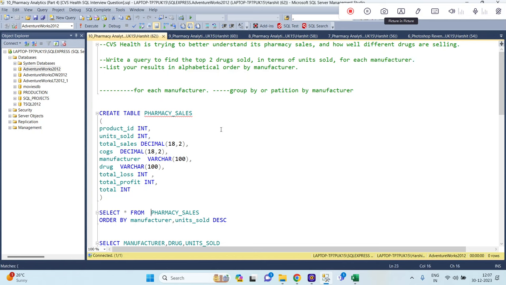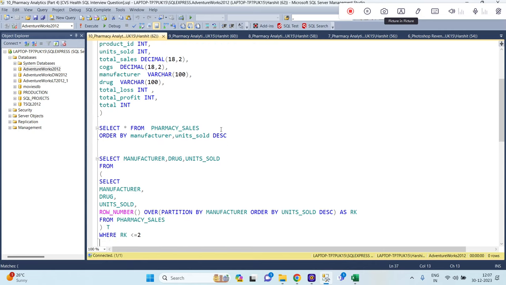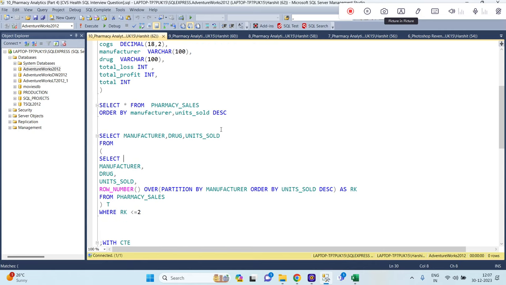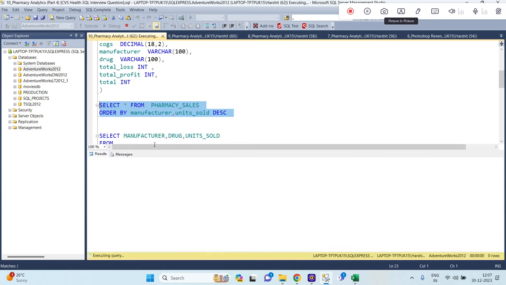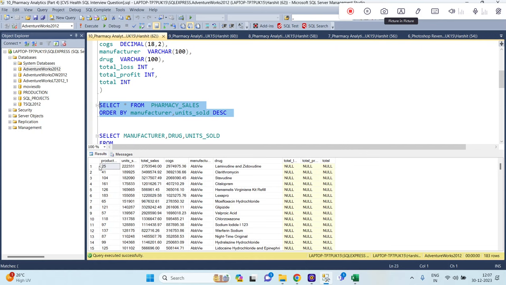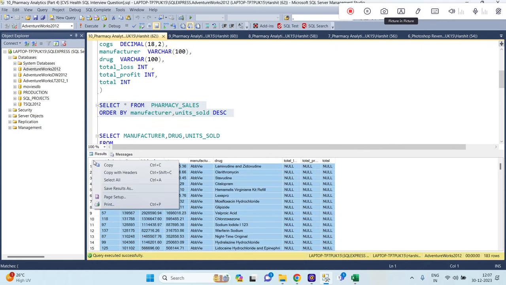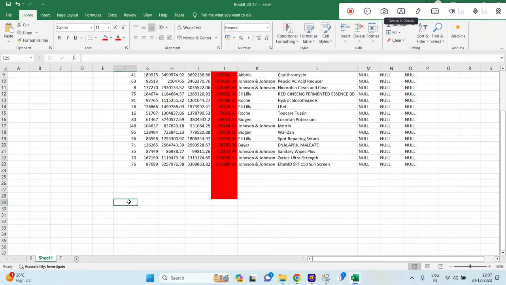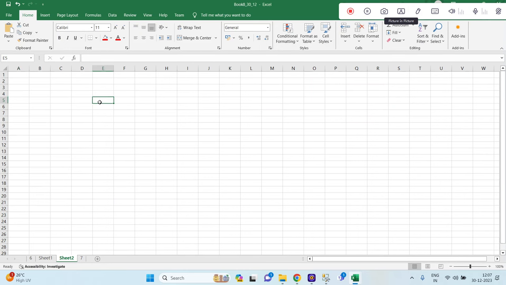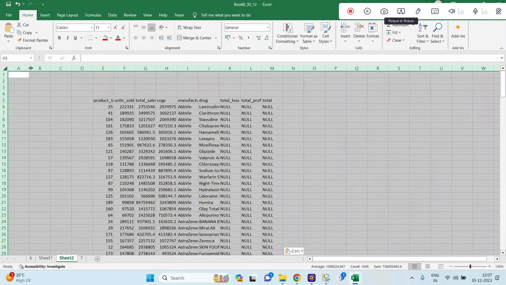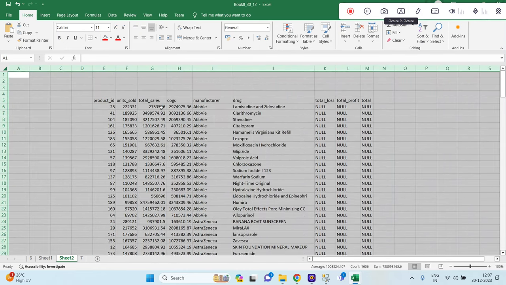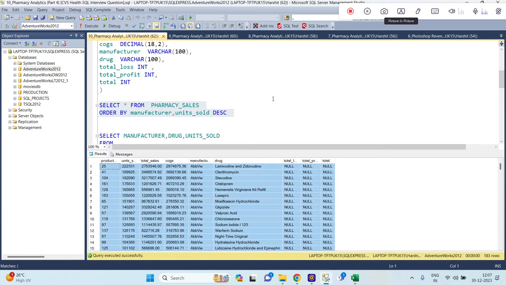So here we need to use a ranking function, right? Or any row number or ranking function, anything we can use. So if you see over here, let me execute this query. Now over here, if I take this data into the Excel file, so for each manufacturer we have mentioned, right?